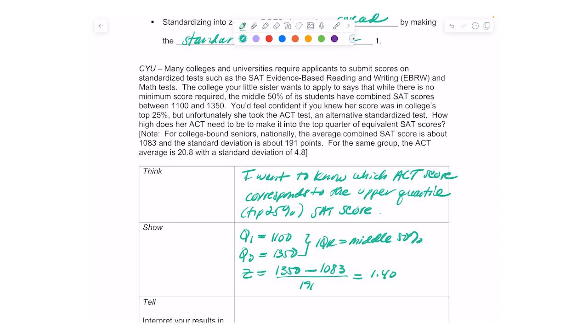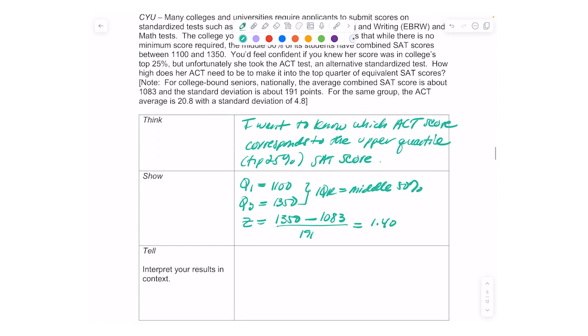So what does that mean? It means 1350 is 1.4 standard deviations above the mean of all test takers. Okay, so now I can use that to convert to the ACT score, which would still be the top 25%.